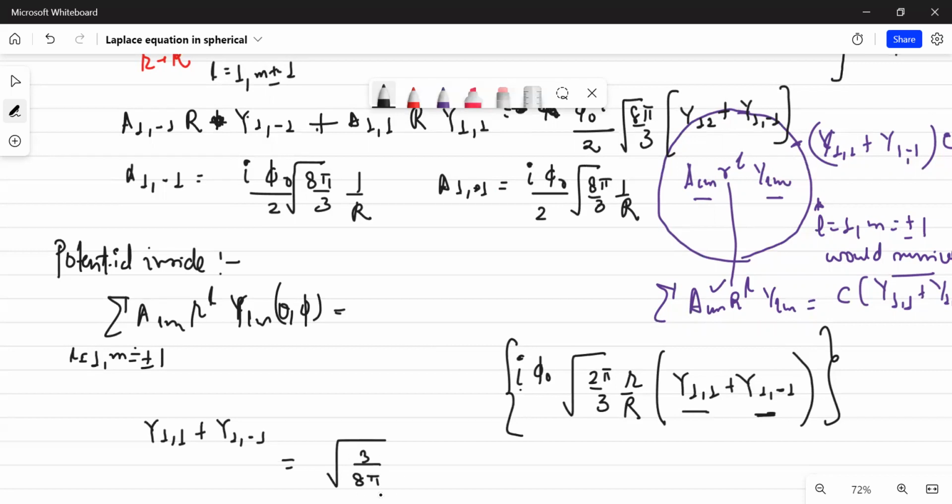Root over 3/8 pi, then you have this sine theta, and you have e to the power iota phi, and y minus 1 कितना होगा? सॉरी यहाँ पे एक माइनस आएगा, यहाँ पे प्लस आएगा. Root over 3/8 pi, and then you have this sine theta, and then you have e to the power minus iota phi. Is that clear? This is how it is. मैंने लिख के बताया ना बेटा, y11 यही होता है, और y1 minus 1 आप करोगे तो phi की जगह नेगेटिव आएगा, and then this negative will get dissolved.